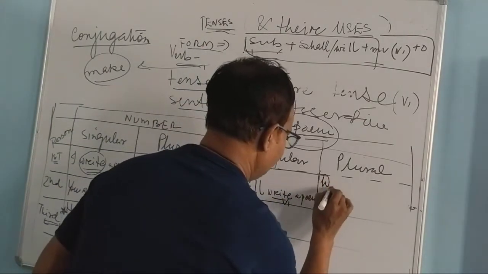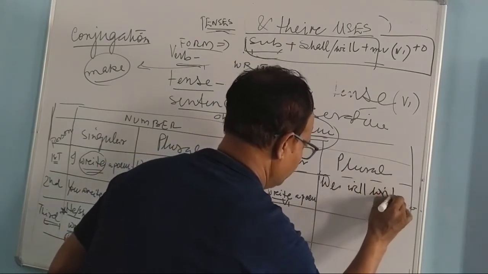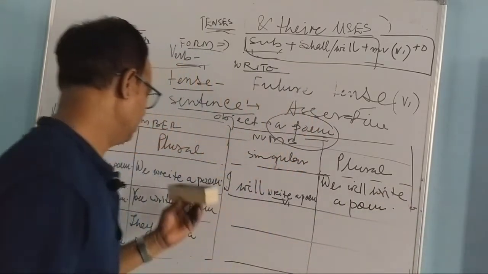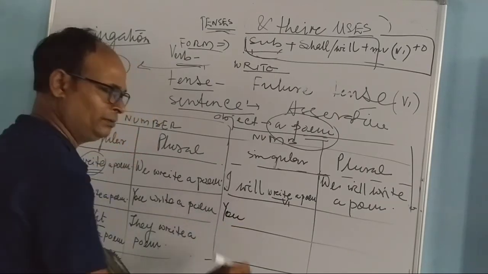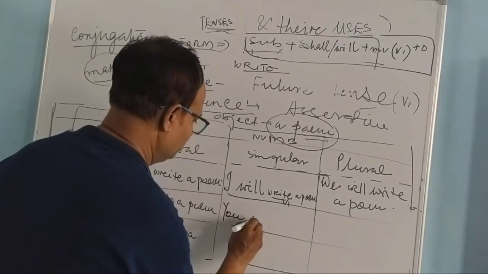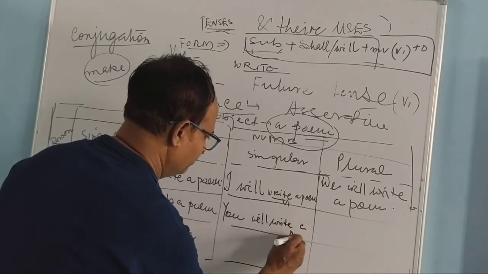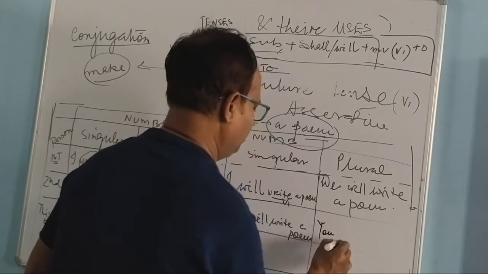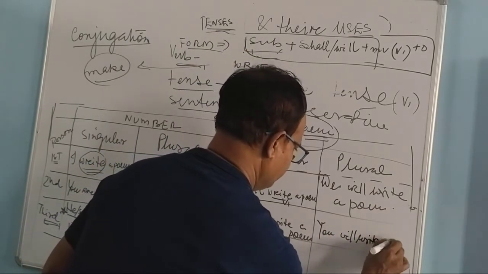Then similarly, plural form: we will write a poem. Second one, second person singular: you will write a poem. Second person plural: you will write a poem.